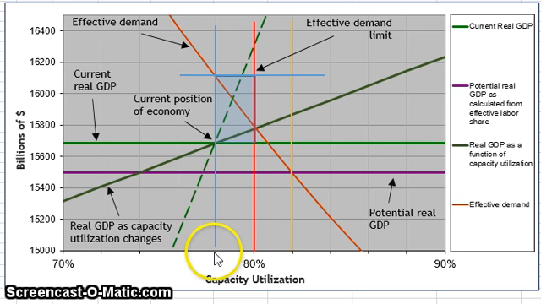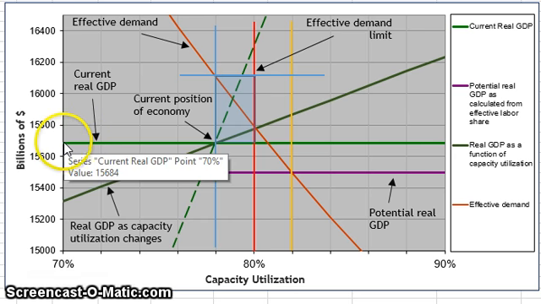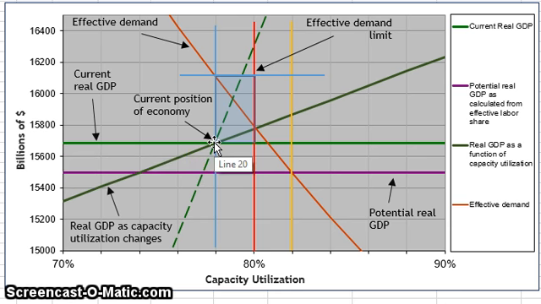You have a capacity utilization of 78% and a real GDP of $15,680 billion. And this is the effective demand limit line, and GDP is growing towards this. And it's a limit.